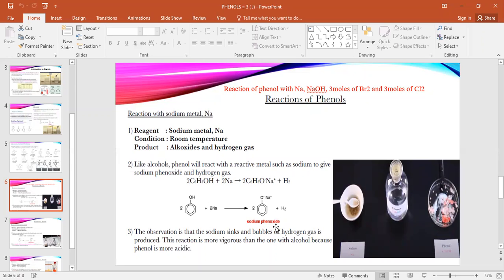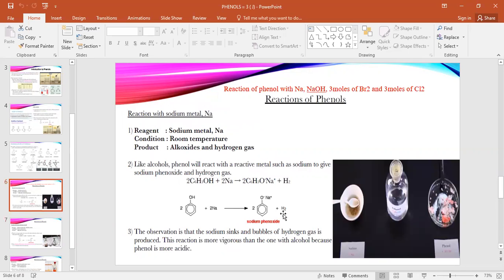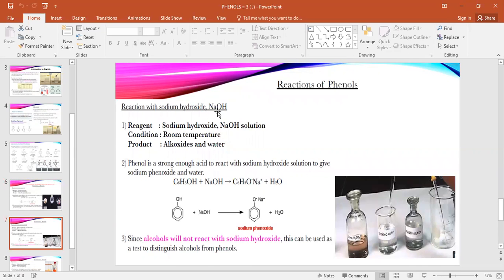Sodium phenoxide. Second reaction, a reaction with sodium hydroxide. So what is the reagent here? Sodium hydroxide. The condition is the same as with sodium, room temperature, and the product is alkoxide and now here water. Before, you could see hydrogen gas. This is the difference between the reaction with metal and the reaction with hydroxide.